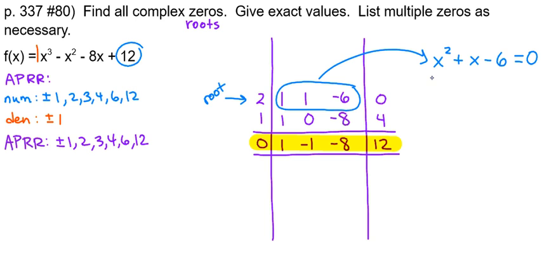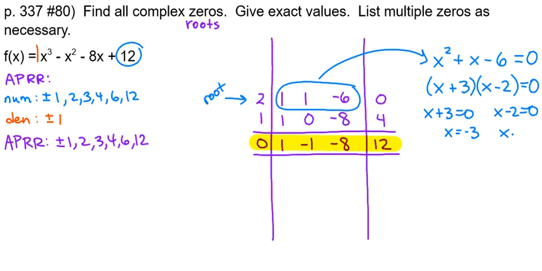If this is factorable, great. If not, use the quadratic formula. Just so happens that this one is factorable. So set each factor equal to 0 and solve each one, and we get x equals -3, and we get x equals 2.